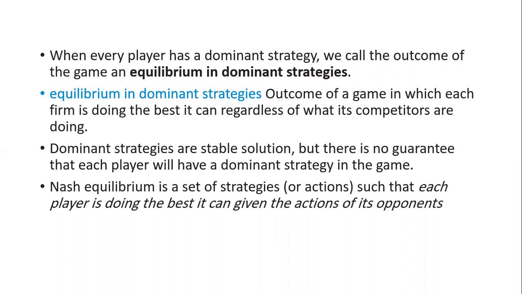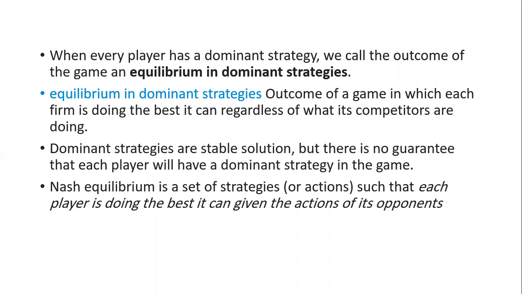A Nash equilibrium, for our understanding, is a set of strategies or actions or moves such that each player is doing best given the move of its opponent. This is where lies the difference between Nash equilibrium and dominant strategy equilibrium.